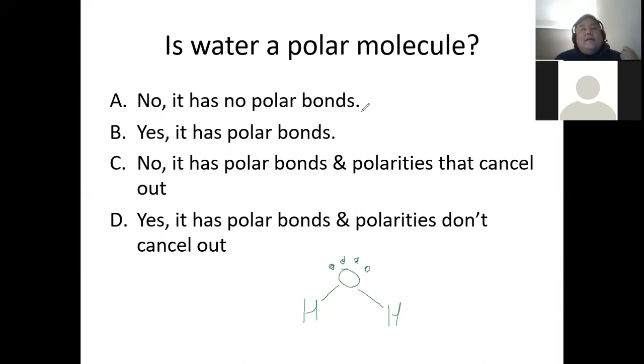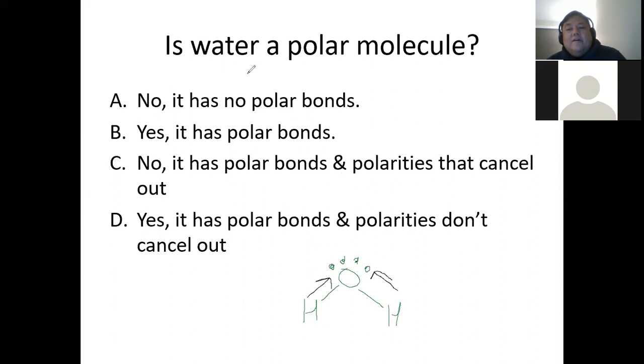Remember, we think about if a bond's polar, hydrogen, oxygen, right? It's not an atom attached to itself, like a carbon-carbon bond, oxygen-oxygen bond. And also, it is not carbon-hydrogen, therefore it's polar. So my dipole points towards the oxygen. Same thing with this one.